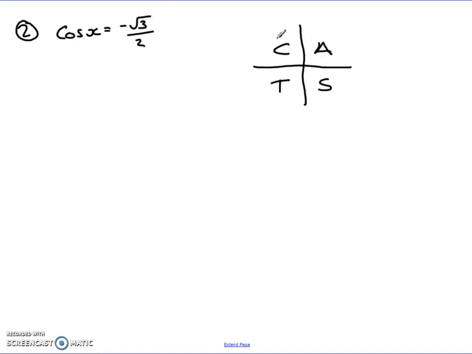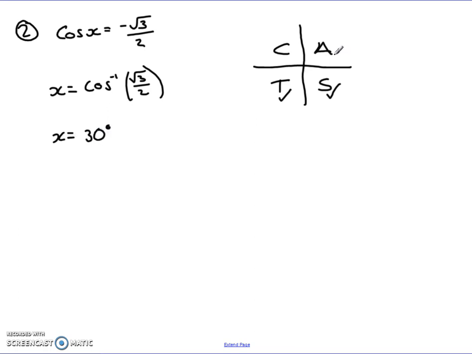Well, I know cos is positive in the C and the A parts, which means that my two solutions are given here. Now this is when we do that extra little step to calculate x, because we do cos minus 1, but we ignore the sign. So we do cos minus 1 of root 3 over 2. To calculate that extra angle, we have to do cos minus 1 of root 3 over 2. What that then means, in this case, is that x equals 30 degrees again.